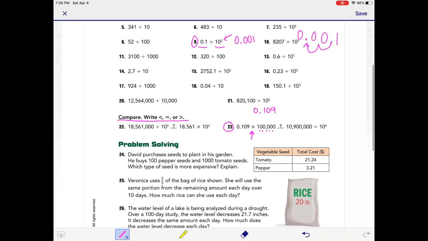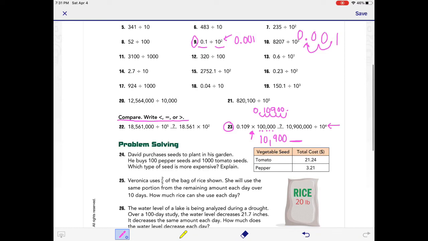So we go from 109 thousandths, 1, 2, 3, 4, 5. It's going to go right there, 2 zeros, okay? So now we have 10,900. That sure did get bigger. We're going to decide if that is larger than or smaller than or equal to this problem over here. So here we have 10,900,000 divided by 10 to the 4th power.